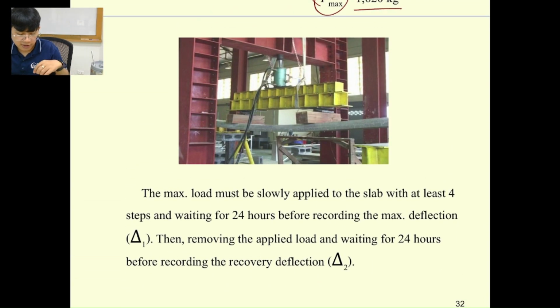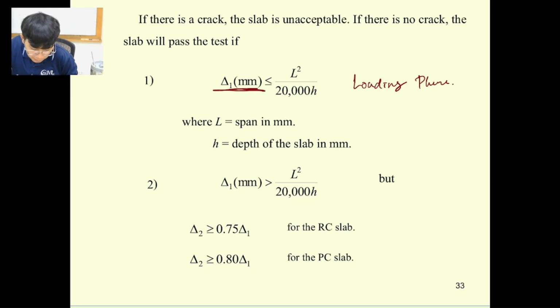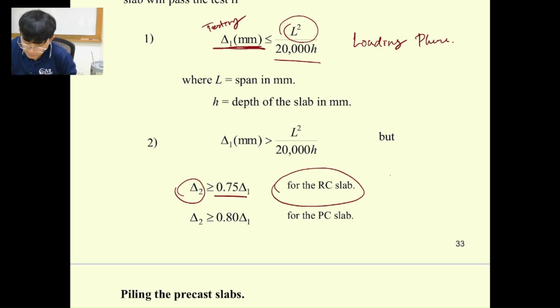And then I need to check the deflection 24 hours after pressing it, and then 24 hours after releasing the load. So when this one is in the loading phase, my slab is supposed to have the deformation less than L squared over 20,000 H. And after releasing it, the delta 2 is supposed to return back at least 75% for an RC slab, but we're not going to use this.